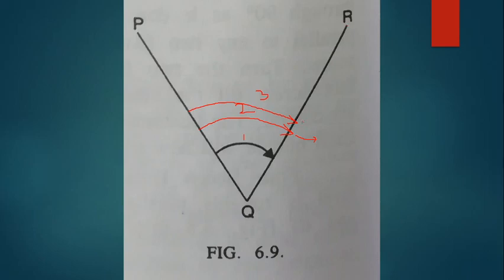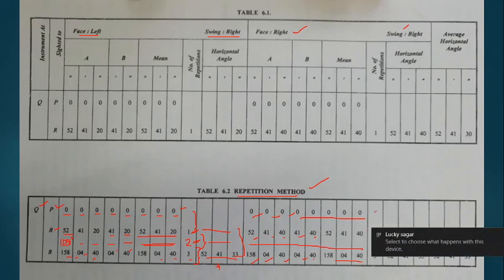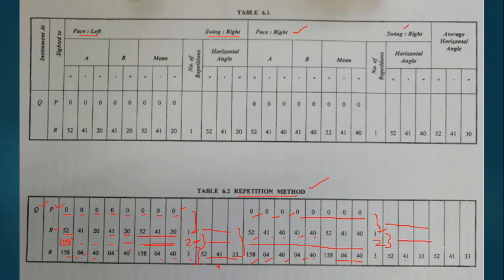So with this set, the instrument is ready for taking the third reading, and you can note down the reading and enter it in the tabular form. Vernier A in terms of degrees, minutes, and seconds, and vernier B in terms of minutes and seconds, and the average of these two is nothing but the mean horizontal angle. And as usual, the difference of the first and zero set is horizontal angle 1, the difference of the second set and first set is horizontal angle 2, and the difference of the third and second set is horizontal angle 3.